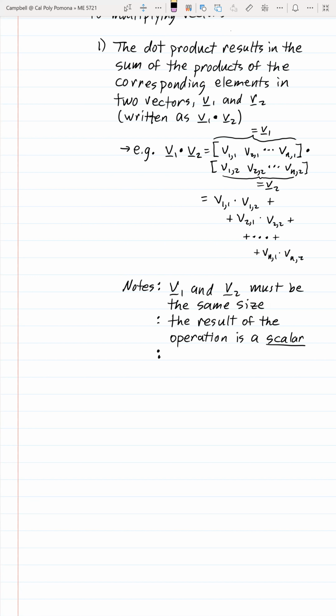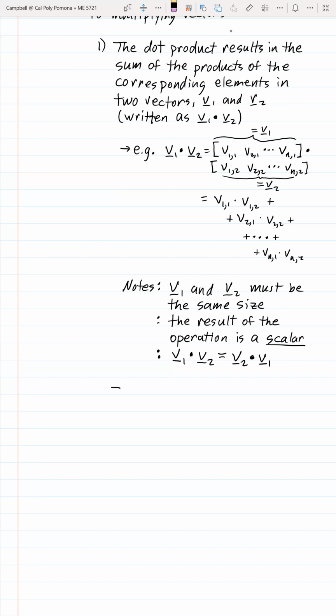And since we properly multiply the corresponding entries together, the order of multiplication is irrelevant, and the order of addition wouldn't change whether we reverse the order of the vectors in the dot product. We can see that V1 dotted into V2 is the same as V2 dotted into V1.